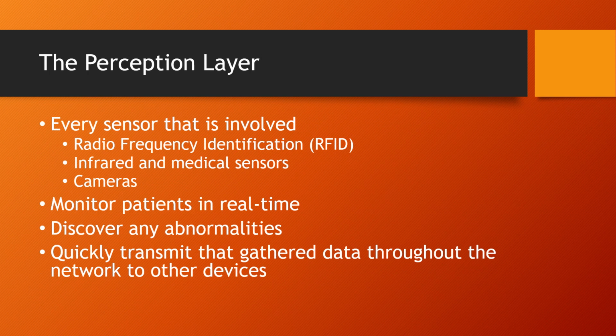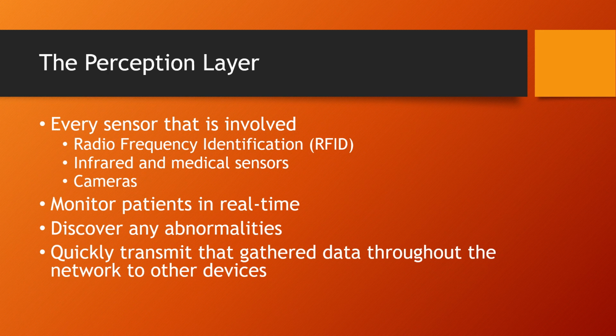So, along with IoT devices in healthcare, comes 3 layers. The first layer is the perception layer. So this includes every sensor that is involved. Some examples are radio frequency identification, infrared and medical sensors, and cameras.